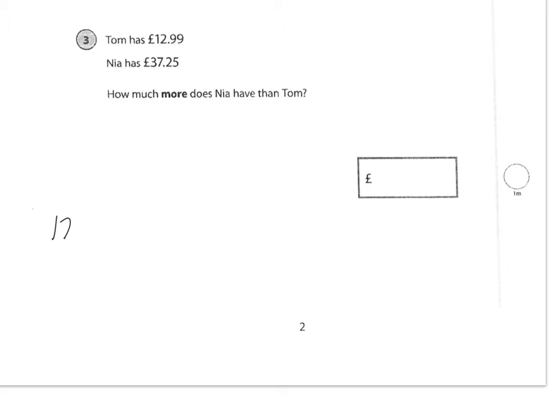If I start with £12.99, what would I need to add on to take me up to £13? Well, that would be 1 penny. Then I would go from £13 to a really nice number, which would be £20 next. To go from £13 to £20, I would add on £7.